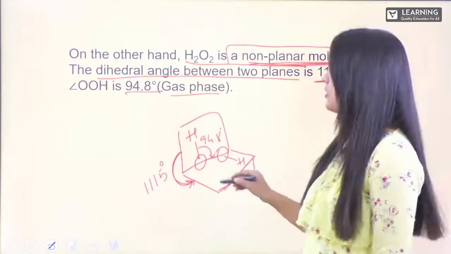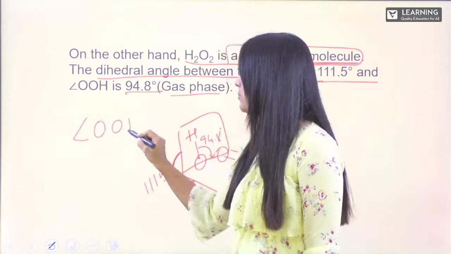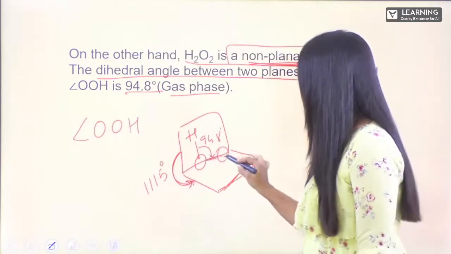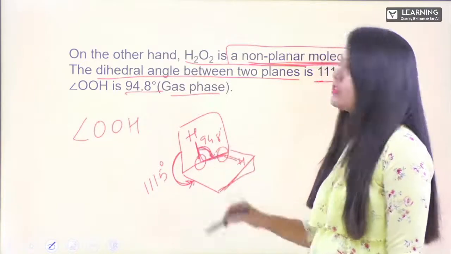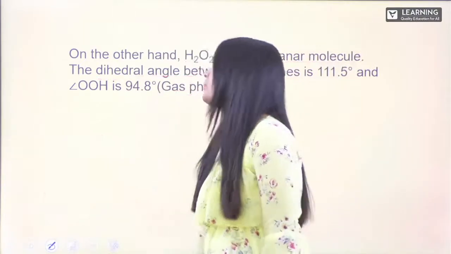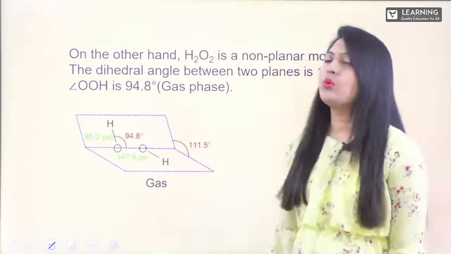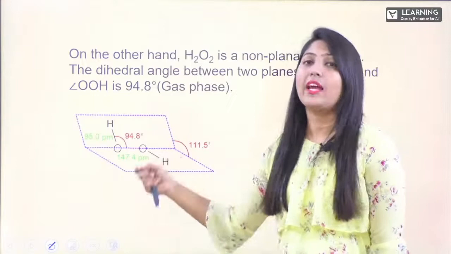So here the angle OOH means this angle. You can take either this angle or this angle. That is 94.8 degrees. This is the structure of the gas molecule of hydrogen peroxide.